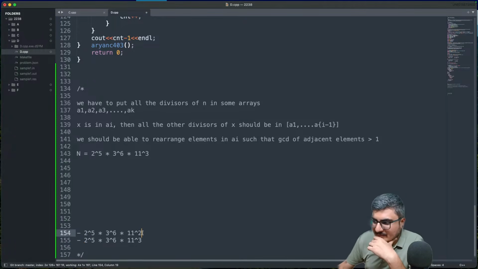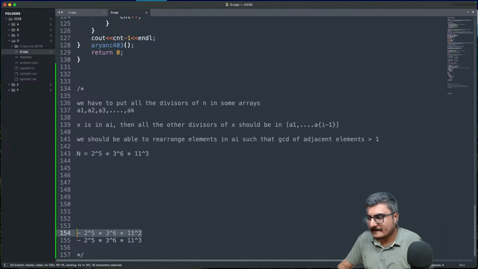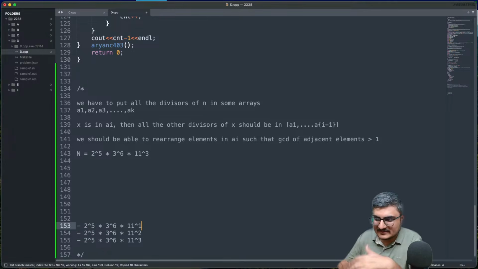If I remove one of the primes, then these two numbers cannot be in the same layer, because your condition is that for this number, all the factors should be in the layers above it. And now if I focus on this number, then if I remove some prime factor out of it, then this number should be in the layer above it, because we cannot have these two numbers in the same layer.